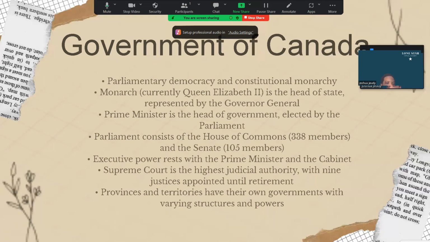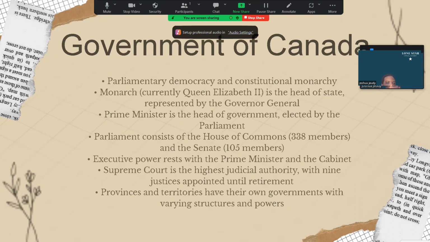Then they also have a Supreme Court, again similar to the United States, determining if everything is aligned with their laws, rules and regulations. The different provinces, of course, have their own little governments that they're responsible for. And the territories of Canada also have their different responsibilities and governments.